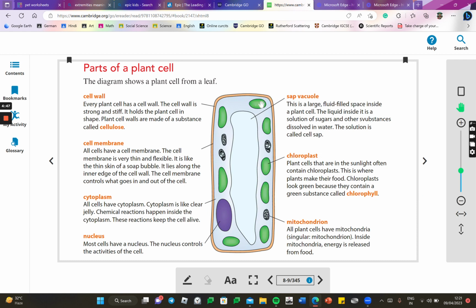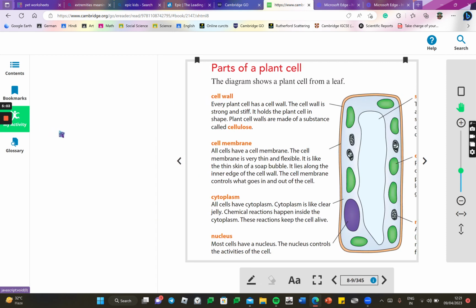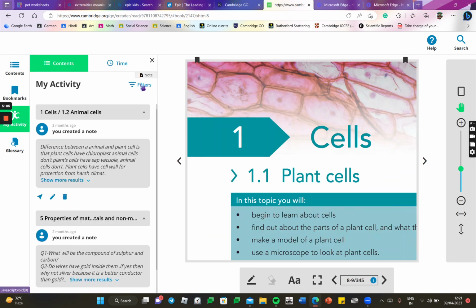So what you can see here is a palisade cell. It is a palisade cell, and I think I should really write the spelling of the cell. I'll make a note and I'll write.